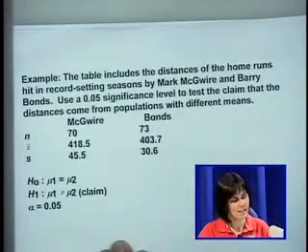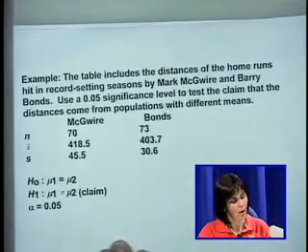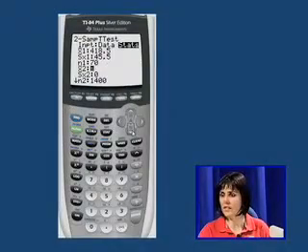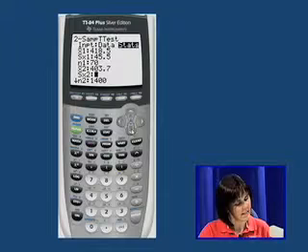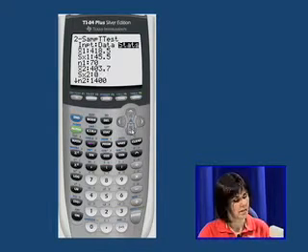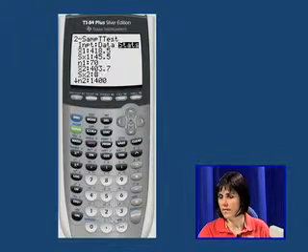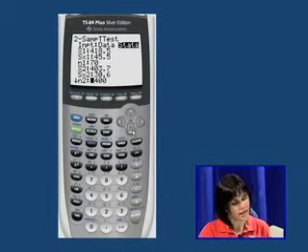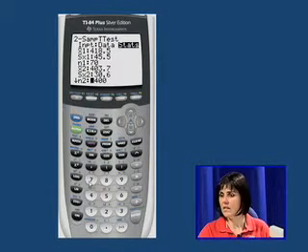The second one is Barry Bonds, and then I will get the x bar 403.7, and the Sx in this case is going to be 30.6, and I'm looking at 73 hits.